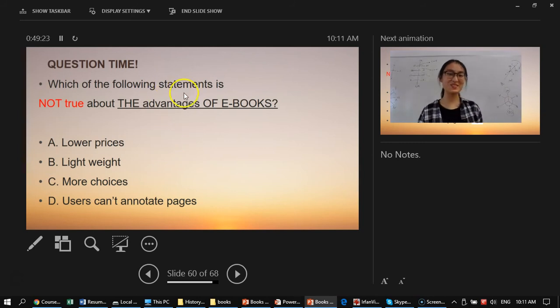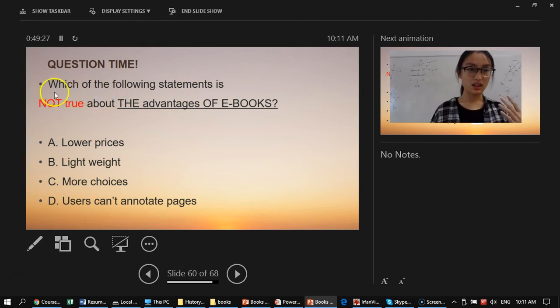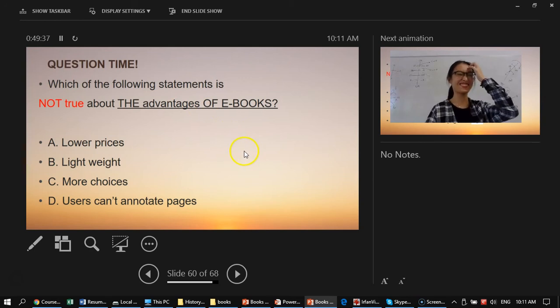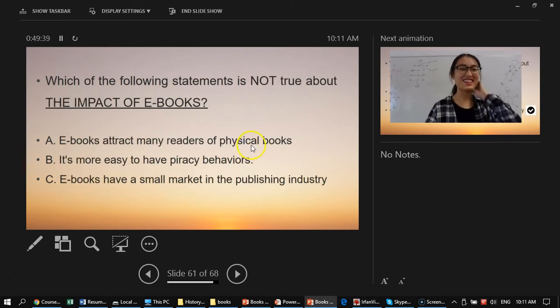And this is the part on ebooks. Which of the following statements is not true about the advantage of ebooks? And the second question, which of the following statements is not true about the impact of ebooks?